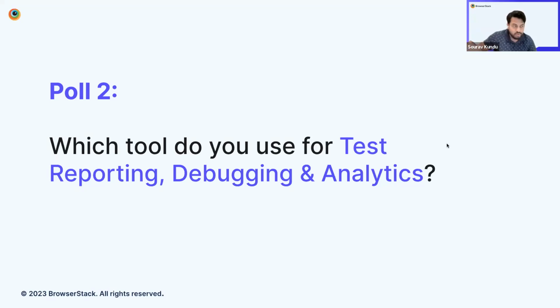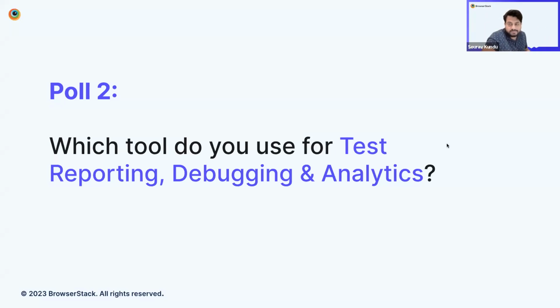So you would see a poll question on your screens with options, right? Do you use open source reporters like Allure, or maybe the framework's default reporter, or the CI tool? Maybe there are reports in Jenkins, CircleCI, and all of that, right? Or do you have custom tooling like what Vinoth has, or a test management solution that you use for test debugging as well?